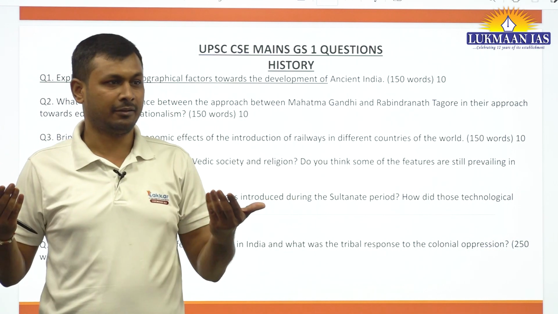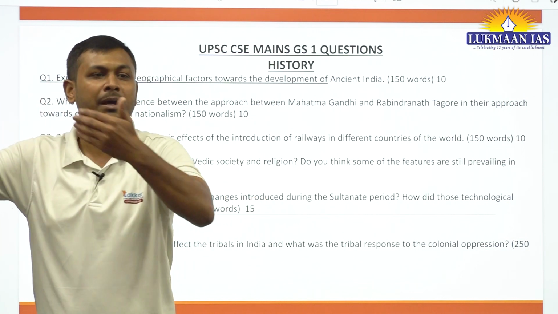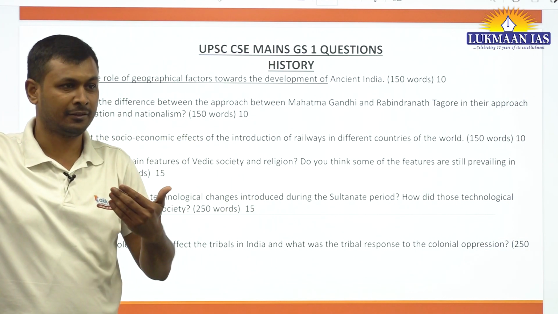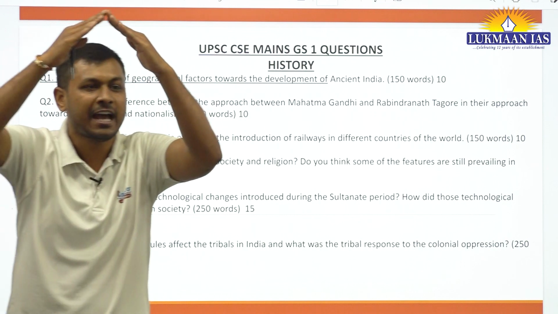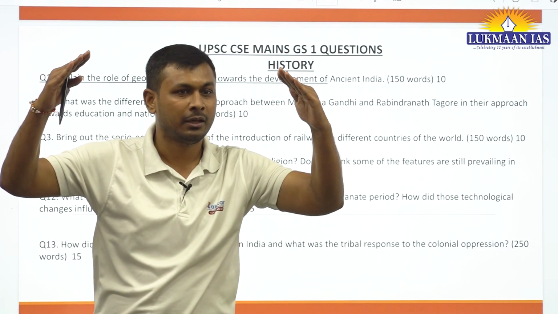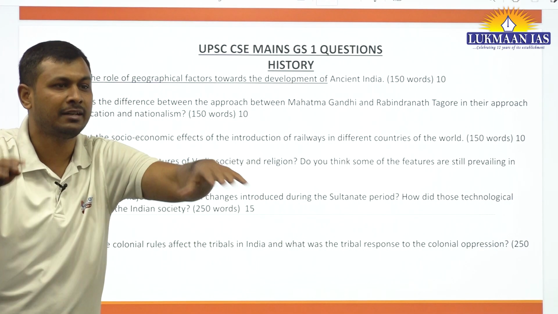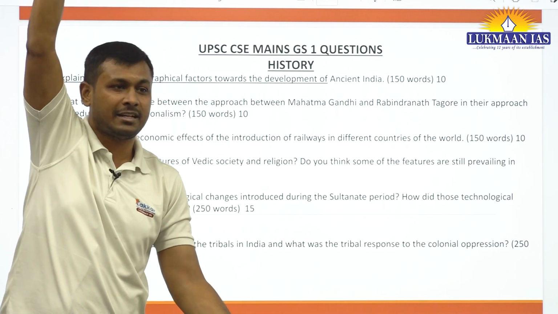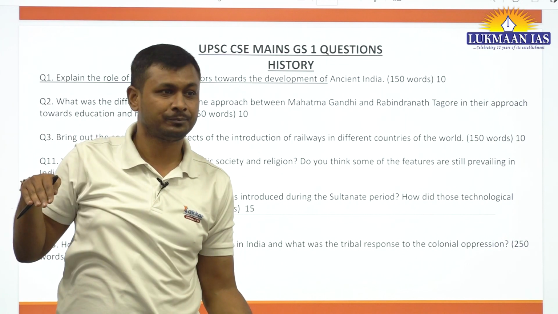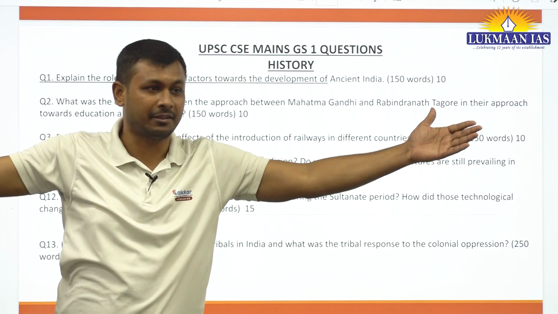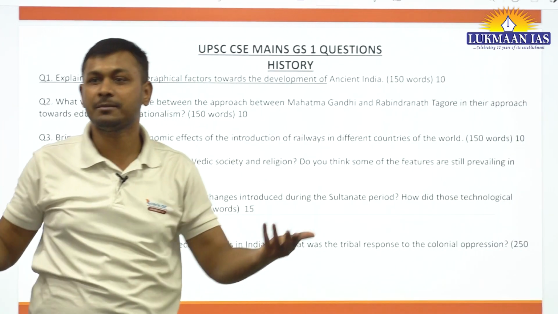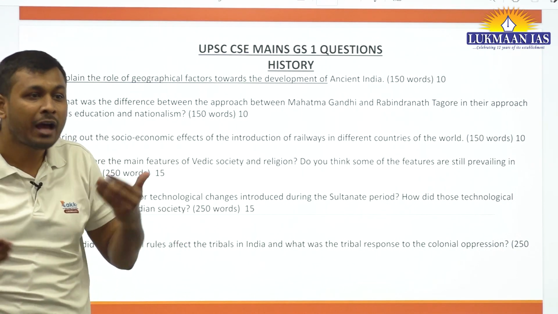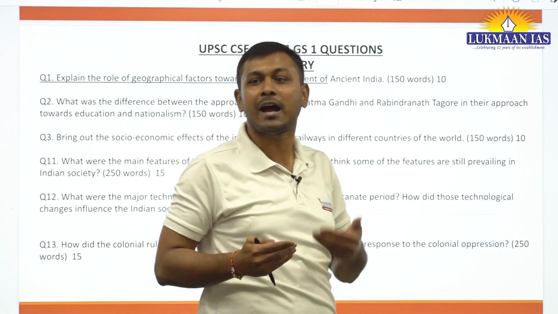Temple architecture: when we see the temple architecture of eastern India, why do they have a slope? And in central India, why is there a large distance between the platform and the roof? Heat dissipation. There is a technology behind it. So you have to understand these points.